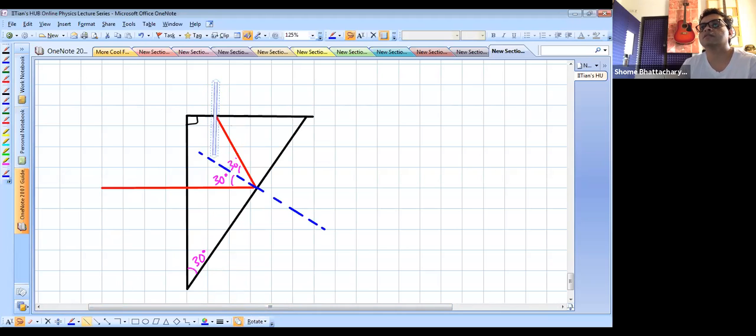Something like this. So again, you can see TIR, total internal reflection. Again, this is 30 degrees, so again this will reflect like this and come back here.